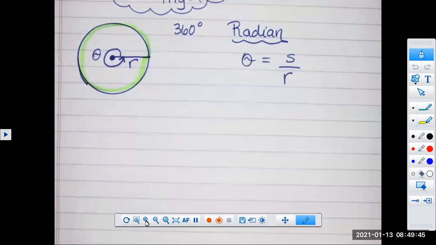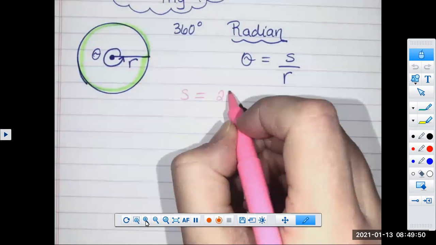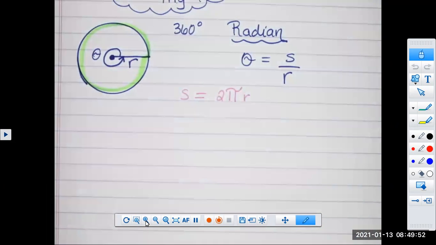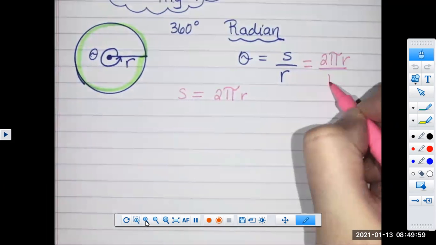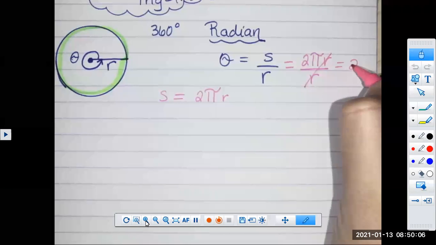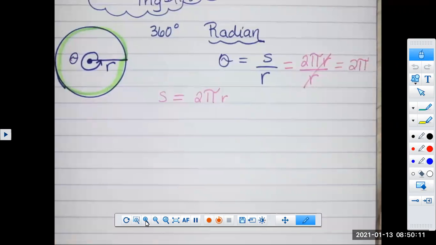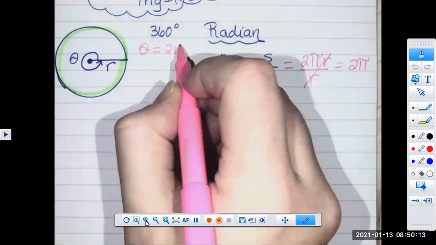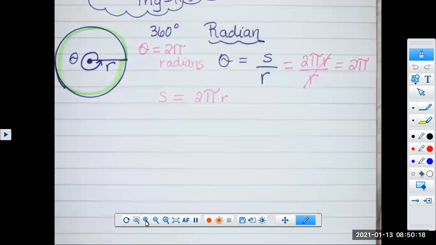So we say that S is my arc length, and that is 2 pi r. So you take that, plug in. So 2 pi r divided by radius length. What happens to your r values? They cancel. So this angle in terms of radians is 2 pi. So the complete distance around the circle is 2 pi radians.